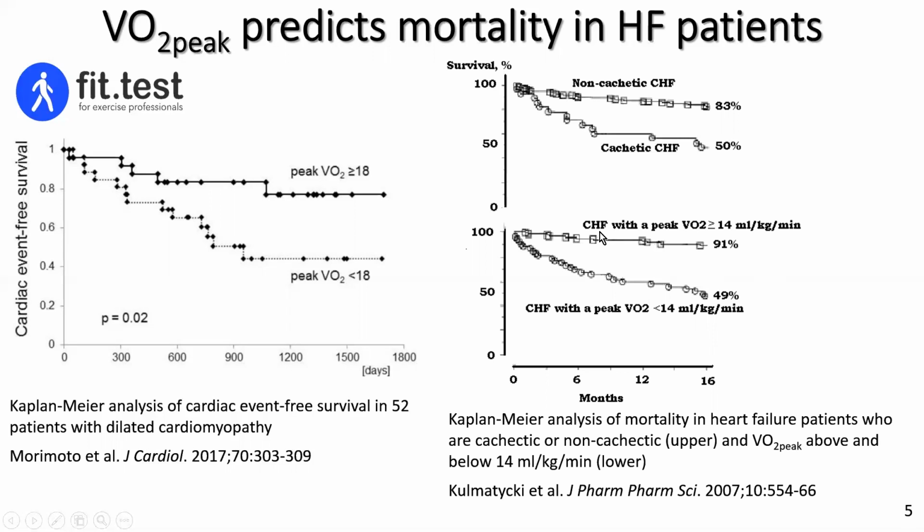The survival here with heart failure with a peak over 14 mils per kilogram per minute, they had 16-month survival of 91%, whereas those with a very low VO2 peak had a very low survival of less than 50% at 16 months. So the VO2 peak is a good thing to know in heart failure, and my app Fit Test will provide you with an ability to estimate that VO2 peak.